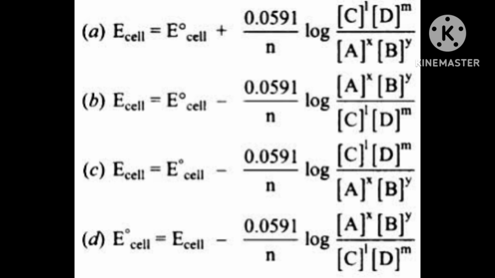And always keep in mind, for a metal the concentration is unity, 1. For any gas also 1, any gas, H2, N2, O2. For solving the numericals, you should be careful. This I have told you about these things.